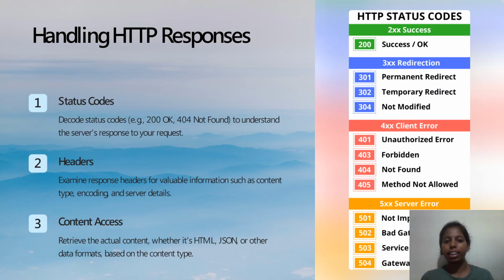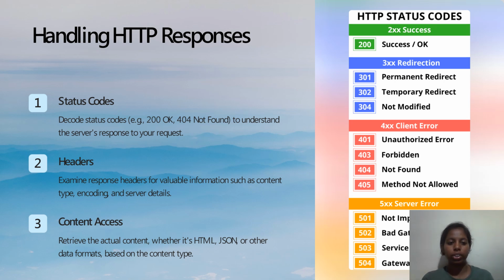Now let's see handling HTTP responses. After I send a request to someone's server or website, they'll send the responses, which I can use later. In handling HTTP responses, we'll use status codes, headers, and content access.